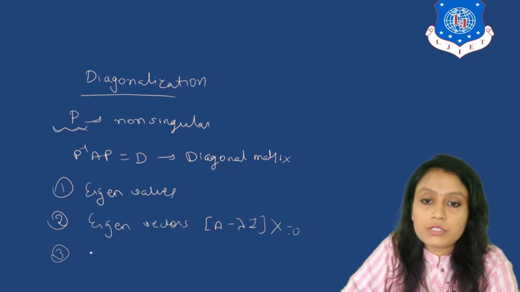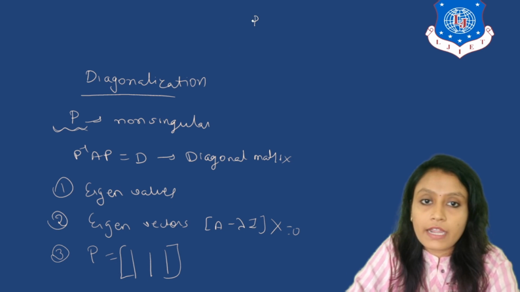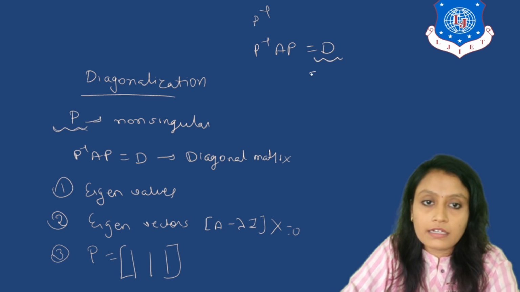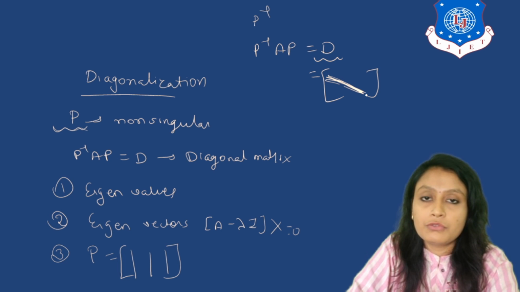The third step is to find the modal matrix P, which we get by substituting the eigenvectors in column form. Next we will find P inverse, and then we will find P inverse AP, so you will get D. This D is a diagonal matrix, and the elements of this diagonal will be the eigenvalues. I hope you have understood throughout the session.